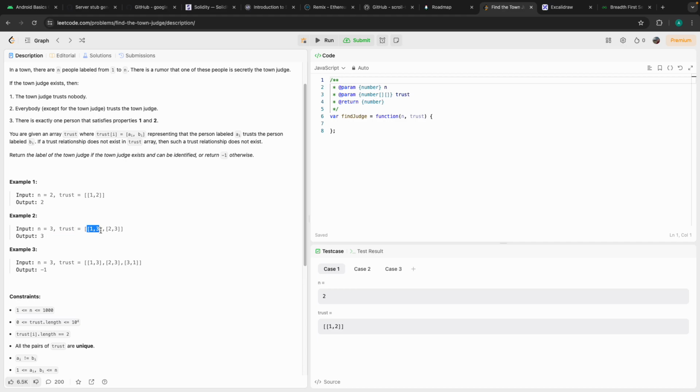And for n is 3, trust is 1 to 3 and 2 to 3. The first person and second person trust the third person, so the third person is the judge. In the next example n is 3, trust is the same as before, and here the person who possibly can be the judge trusts the first person, so he is not the judge.